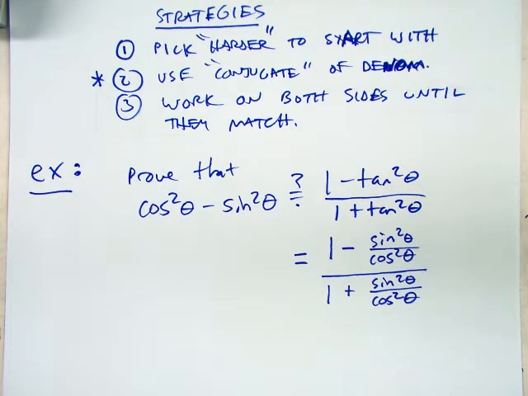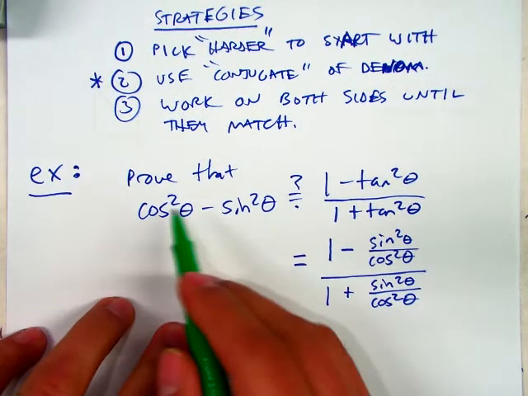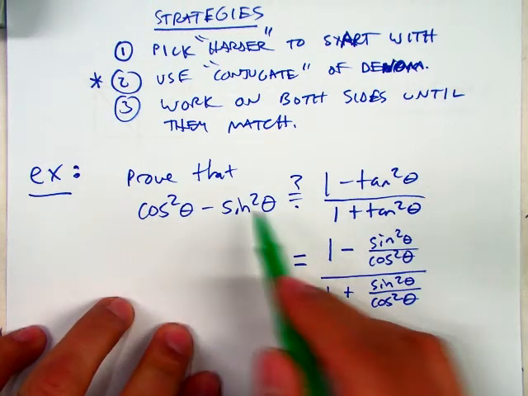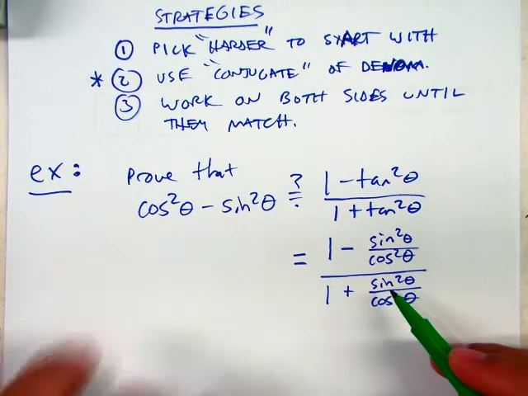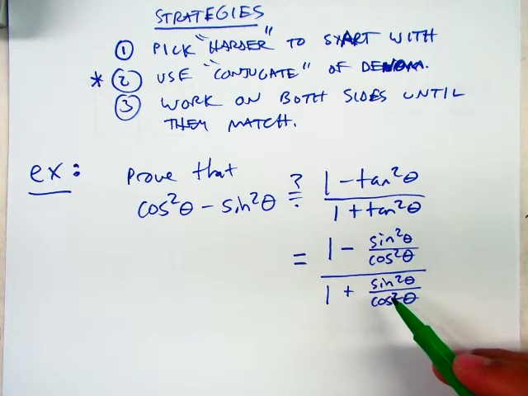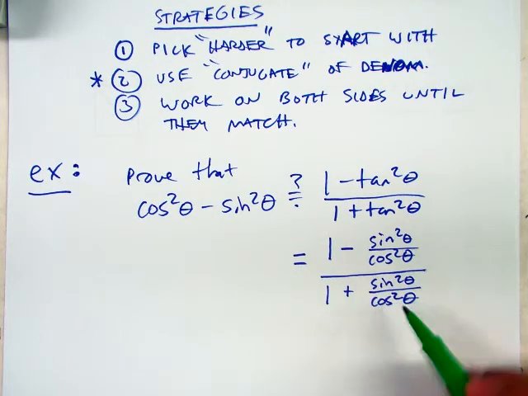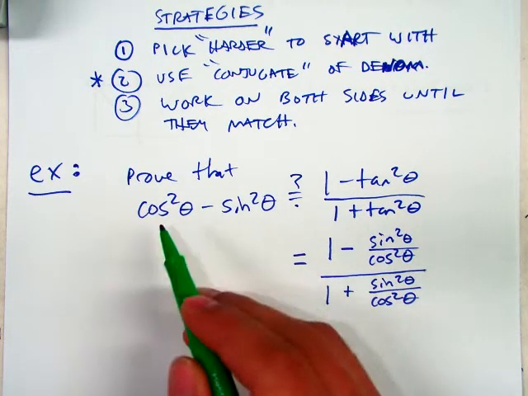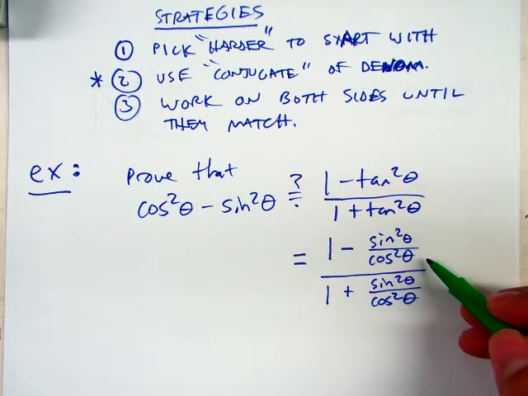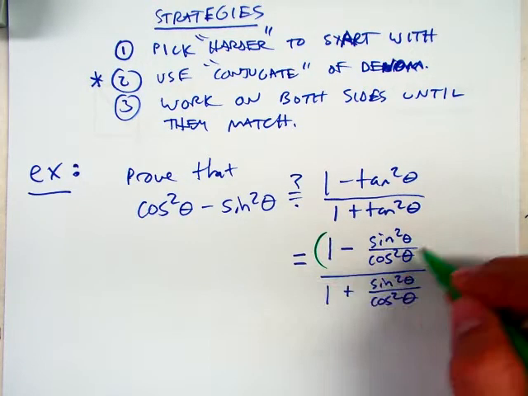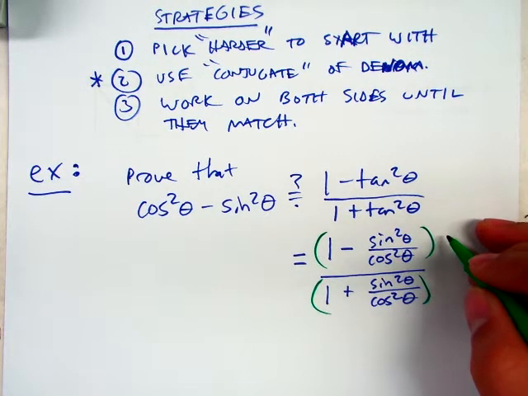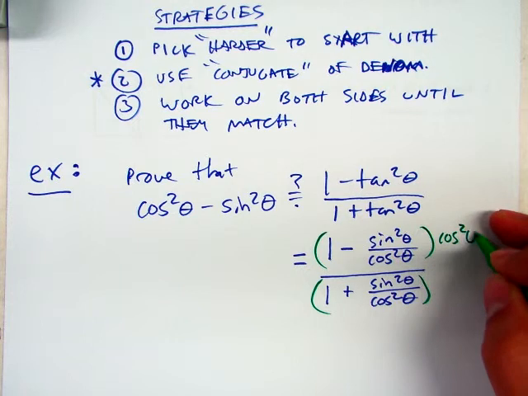Now, this is nice because on the left we have cosines and sines. On the right we have cosines and sines, so that's a good sign that we actually have the same functions now. We don't want any complex fractions though, because over here we just have a nice little expression. Can we get rid of the complex fraction somehow? Multiply by what? Cosine squared. Very good.